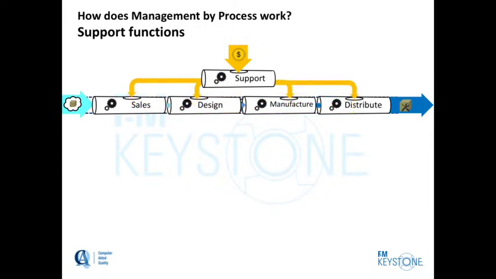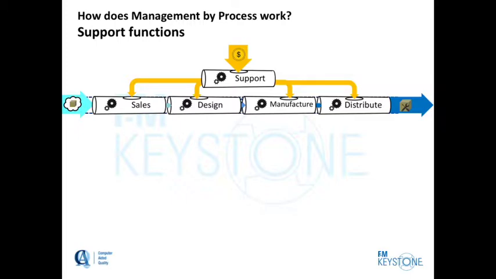Then we have the support functions, which are those activities that capture and transform the received payment from the customer into resources that will become available for the operation to run.